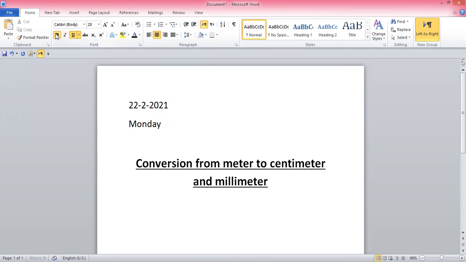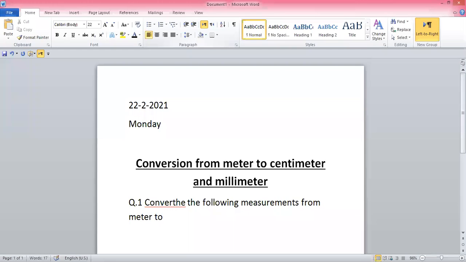Question number 1. Convert the following measurements from meter to centimeter and millimeter.